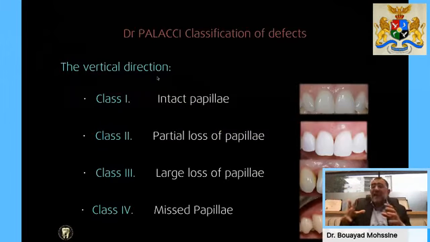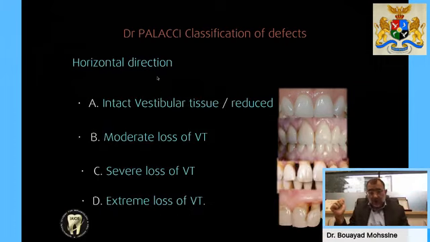We have to classify different defects in our area for implantation from the Palacci classification. I propose you this classification because it's easy to differentiate between class 1 to class 4 in vertical direction, from intact papilla to missing papilla, or in a horizontal direction from intact vestibular tissue to extreme loss of vestibular tissue.